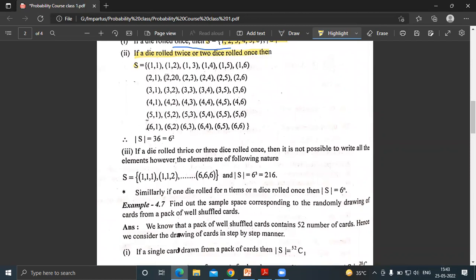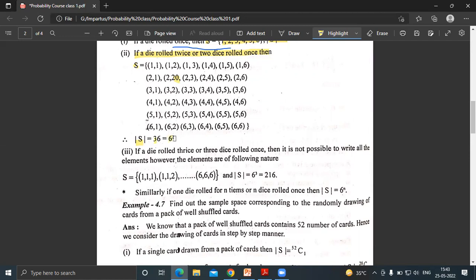Similarly, 2,1, 2,2, then 2,3, 2,4, 2,5, 2,6. Up to 6,1, 6,2, 6,3, 6,4, 6,5, up to 6,6. If you count it, the sample space cardinality here is 36. How? 1, 2, 3, 4, 5, 6 is 6 times, so 6 into 6 is 36.